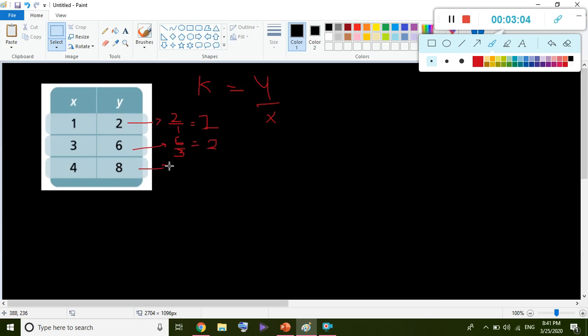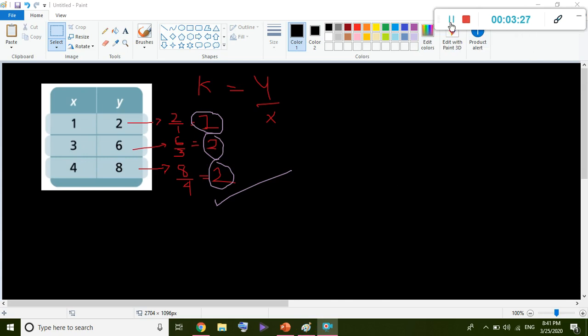Let's find the last one here. 8 over 4, which is equal to 2. So in the first one k equals 2, the second one k equals 2, and the third one k equals 2. So all of them are equal. It means it is a direct variation.